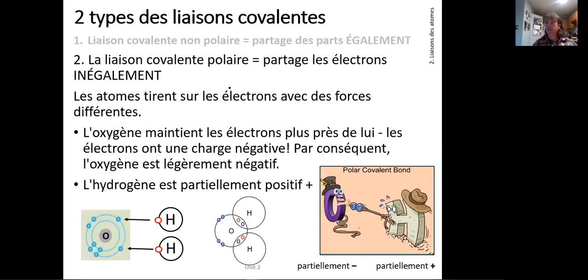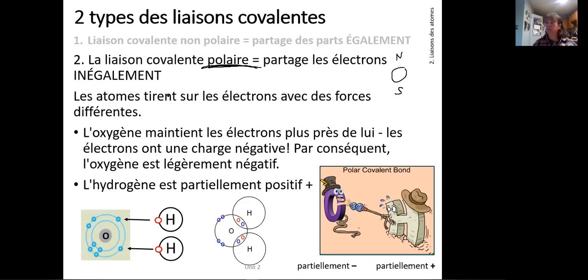Okay. Let's talk about covalent bonds in which electrons are shared unequally. This is called polar. Like the North Pole and the South Pole are separate.